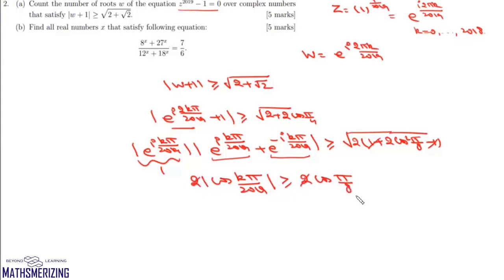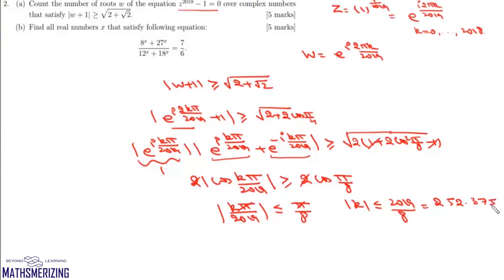Since cos is a decreasing function, we'll cancel cos with cos. We can write mod of k pi upon 2019 should be less than or equal to pi upon 8. So here pi and pi will cancel. Then we get the condition mod of k should be less than or equal to 2019 divided by 8. Now 2019 divided by 8 is 252.375.